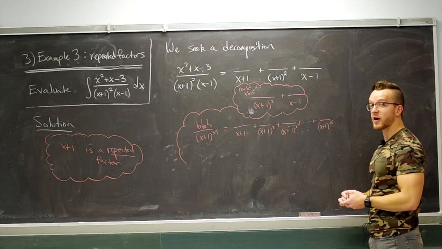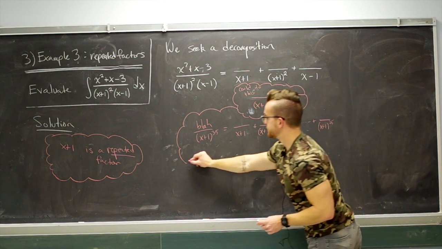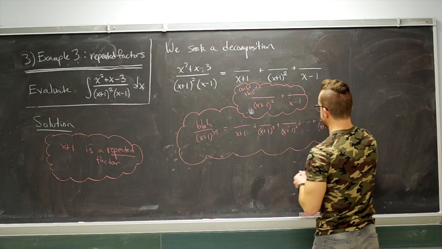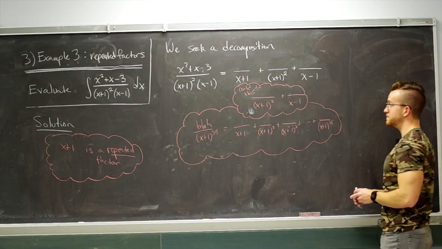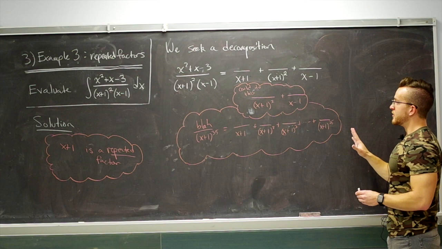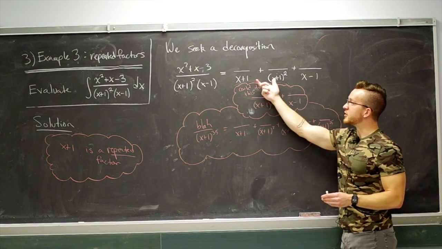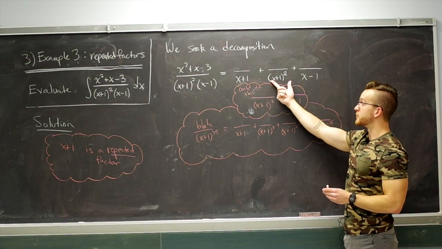So you would have 35 different terms. Okay. This is the preferable way to decompose with repeated factors.